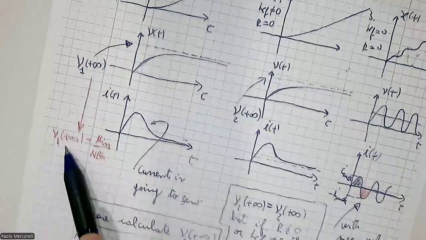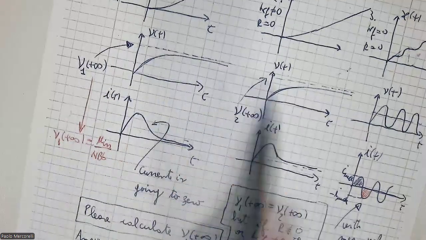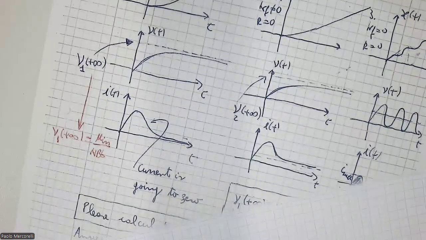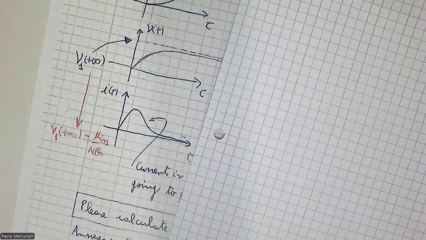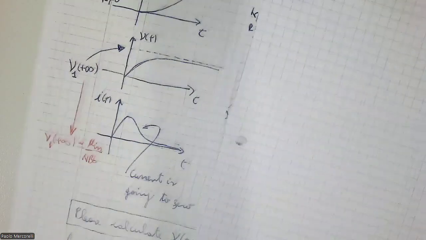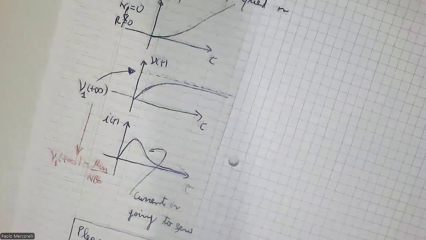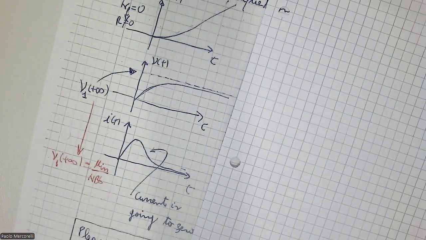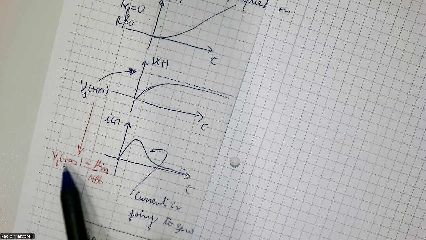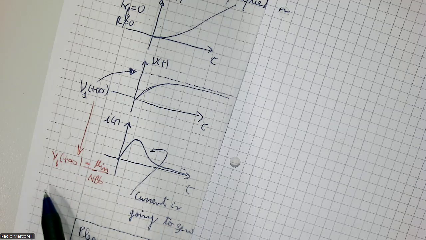And here, of course, you remember the asymptotical velocity, because asymptotical means the current is zero, the derivative is zero from the first equation.